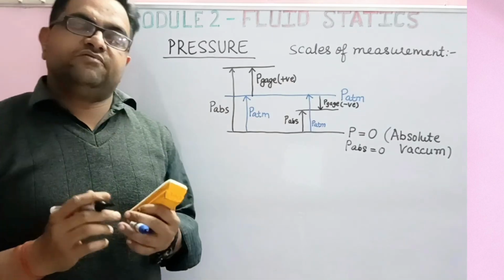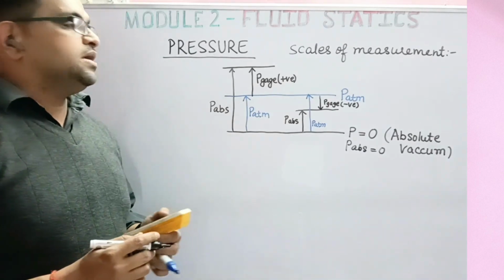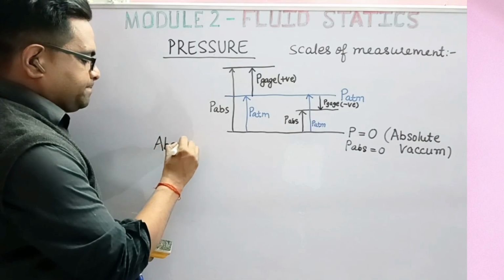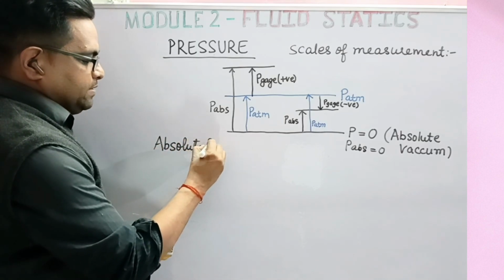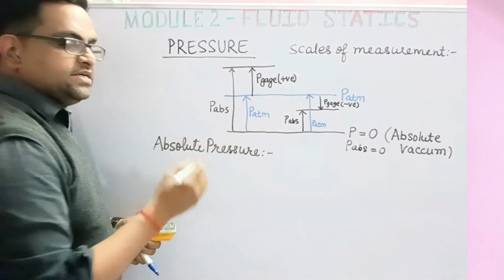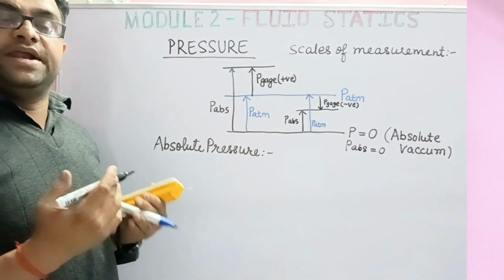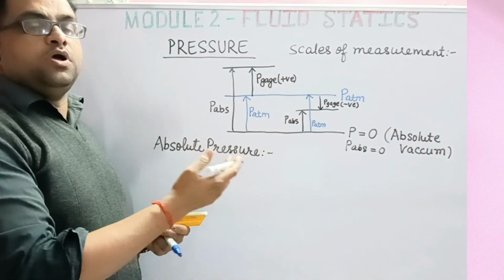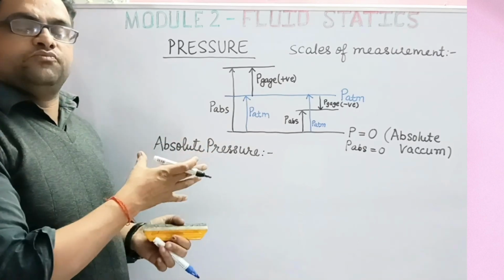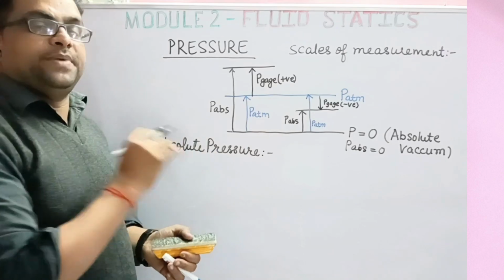So now we can define the various terms. Absolute pressure is the actual pressure that is measured relative to the absolute vacuum or the absolute zero pressure.